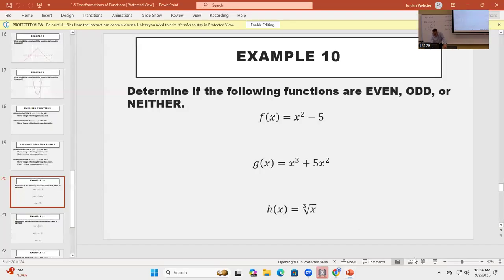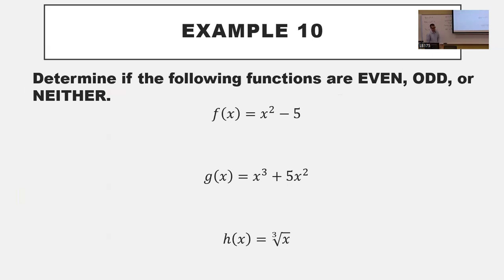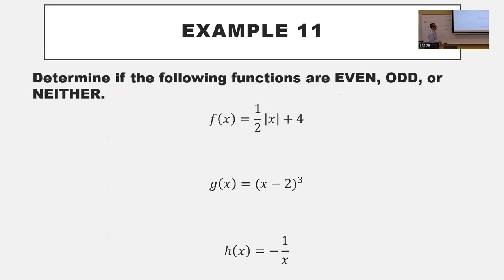And so if we look at other functions, now we have two different ways to deal with finding out if they're even, odd, or neither. You can either plug in a -x and see what happens, or you can graph it and see if we have symmetry with regard to the y-axis or with regard to the origin.